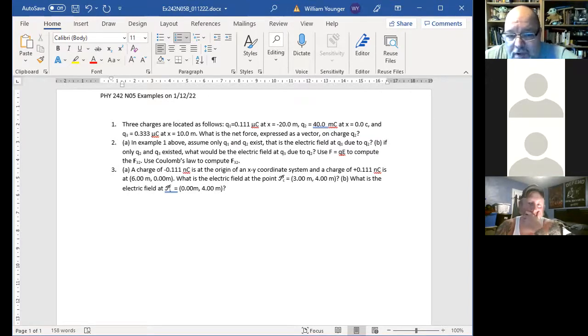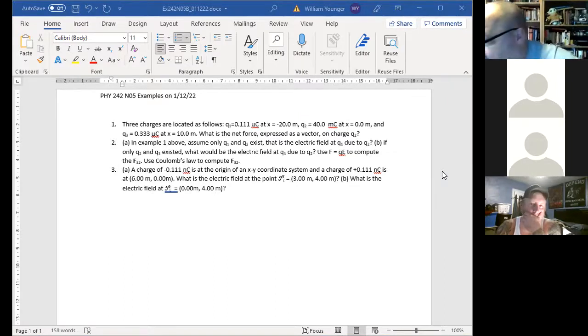Q2 is 40, in this case, millicoulombs at x equals 0.0. Evidently coulombs is what I decided to put that axis dimension in, which is absurd. But anyways, it's meters. So that's where Q2 is. And then Q3 is 0.333, which I hope you all recognize as a fraction. That might come in handy as well. And that one's located at 10 meters.